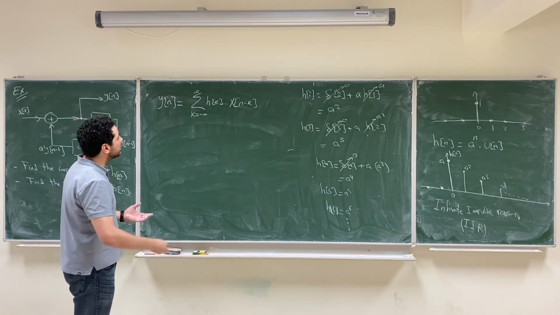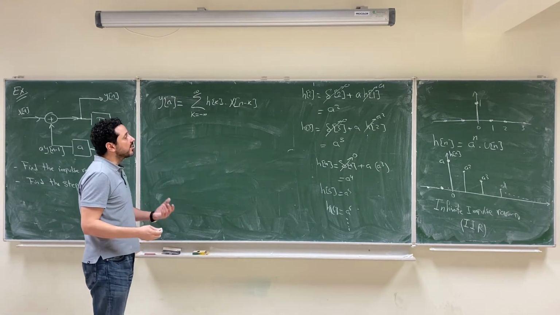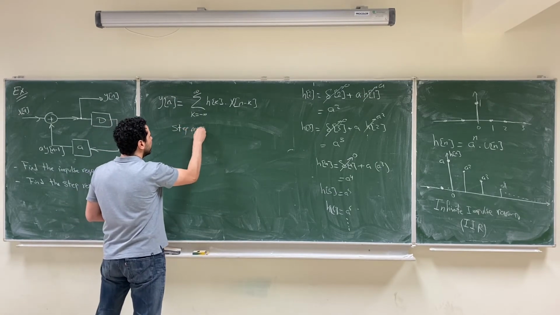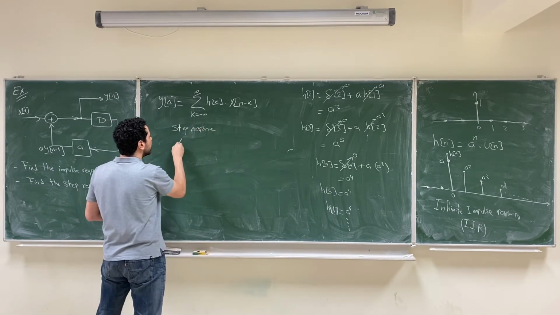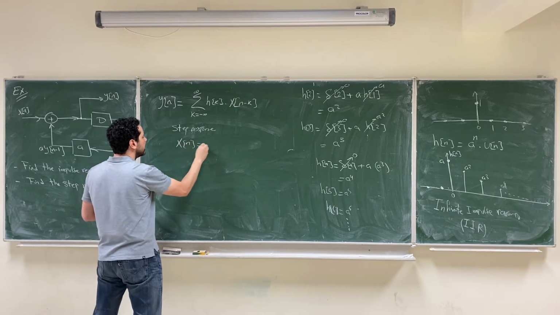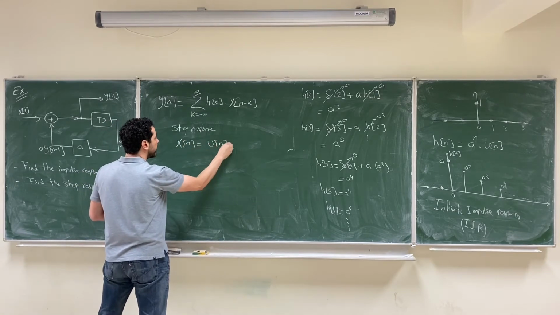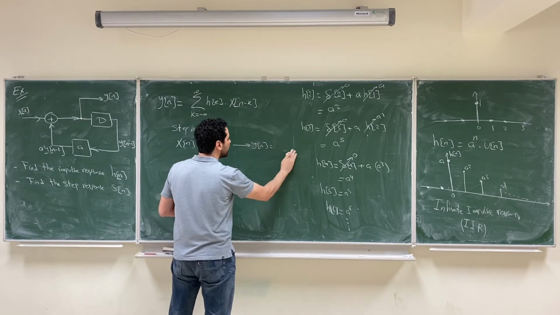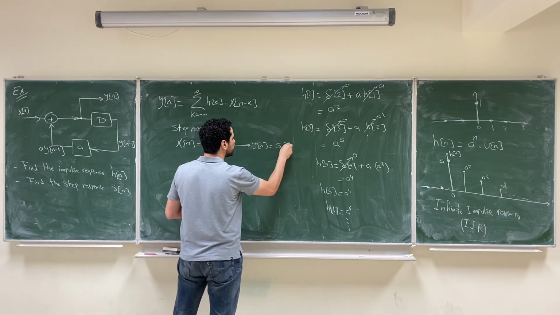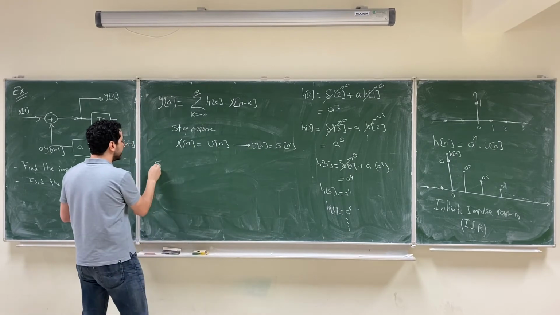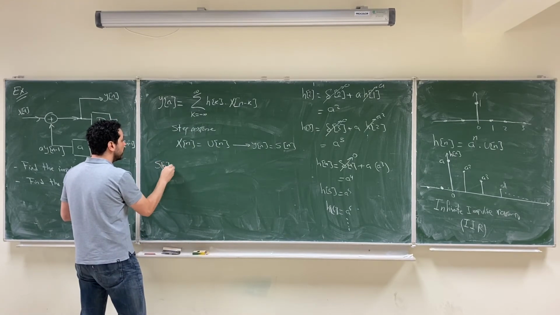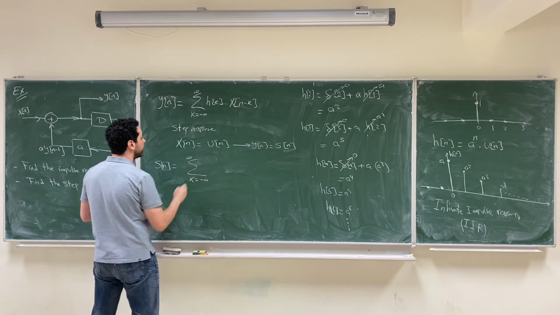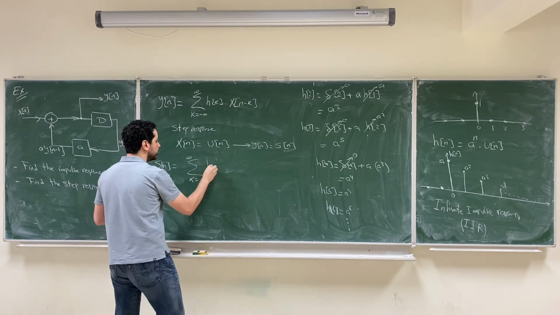If you want to calculate the step response, then you put x of n equals unit step. In this case, the output will be equal to the step response, right? So the step response will be the summation from k equals negative infinity to infinity of h of k.